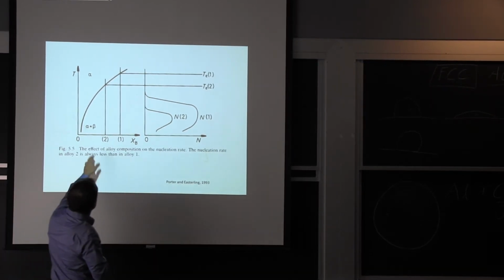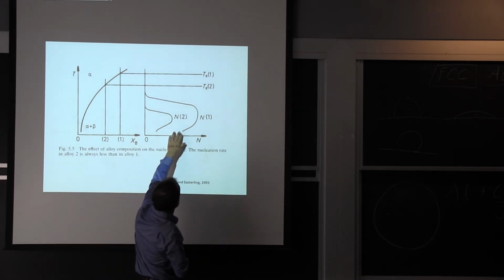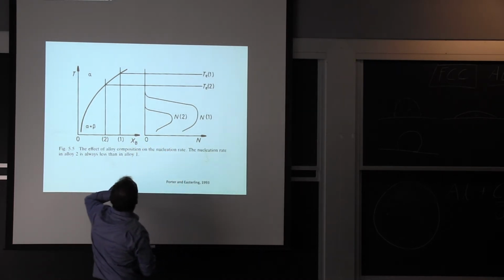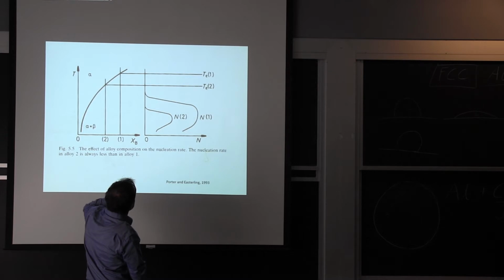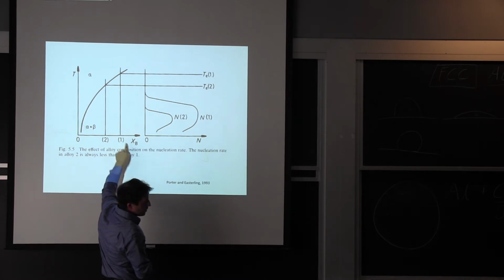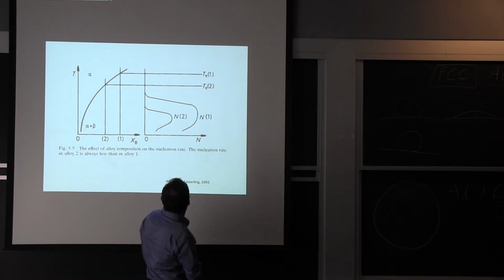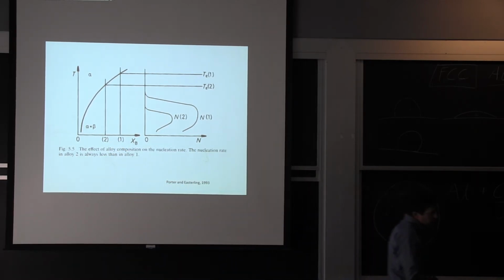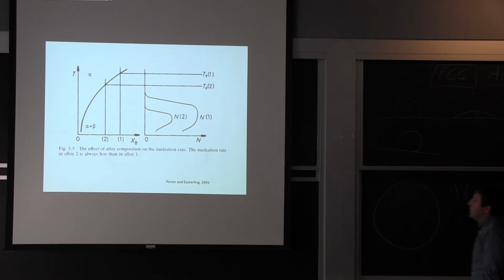They're showing two compositions. We can just look at one of these curves. If we're close to equilibrium, for condition 1, we have to go down in temperature much further. About a third down, right over here, is where we start seeing some nucleation.